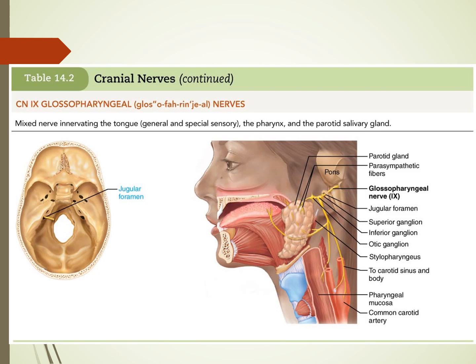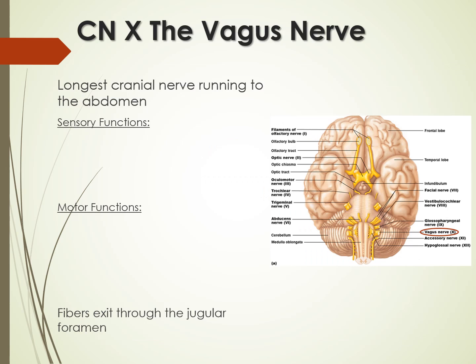So here's our picture for the glossopharyngeal, so we can see how it can innervate those taste buds in the tongue, the parotid gland, which is one of our salivary glands, as well as those pharyngeal muscles and the mucosa of the pharynx. So again, it's going to sense stuff in the throat, and then it's going to innervate those muscles to swallow.